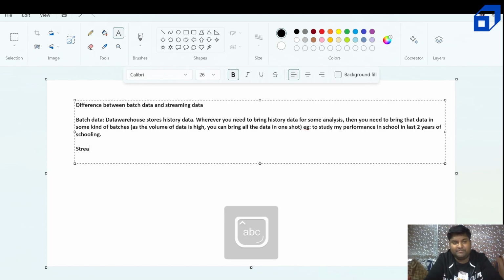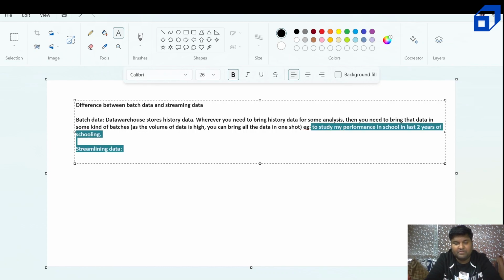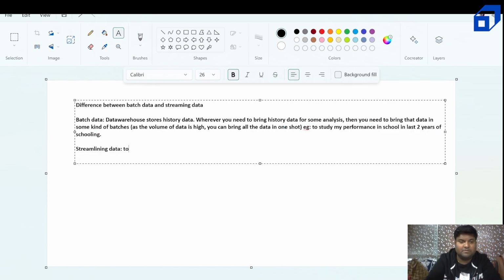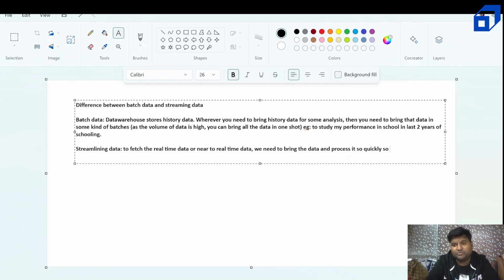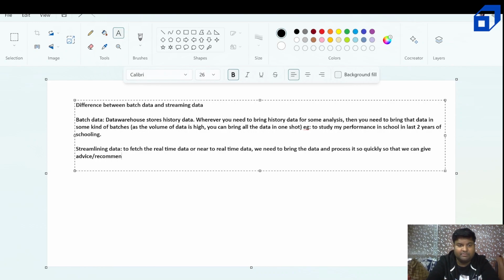Now, what is streaming data? To fetch the real-time data or near real-time data, we need to bring the data and process it so quickly that we can give advice or recommendations accordingly.